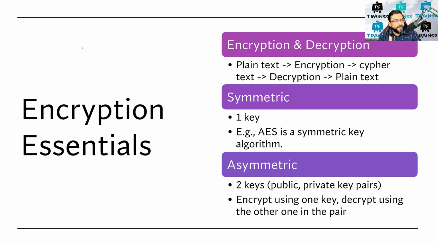So this concept can be used in digital signatures and all. And you may also use a combination of these two keys for getting both confidentiality and integrity. We are not going to go deeper into this subject, but at least if somebody asks you what encryption is, what decryption is, what symmetric encryption is, what asymmetric encryption is, and how this public-private key pair works, will you be able to answer?